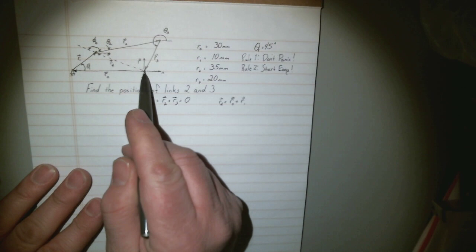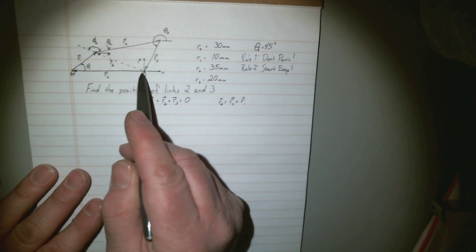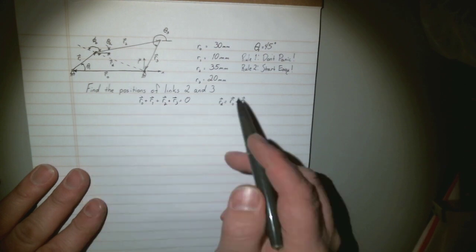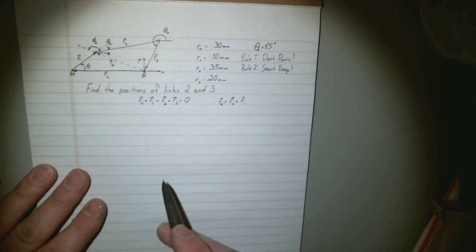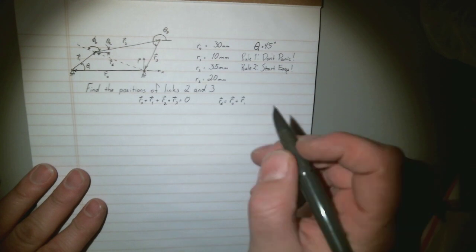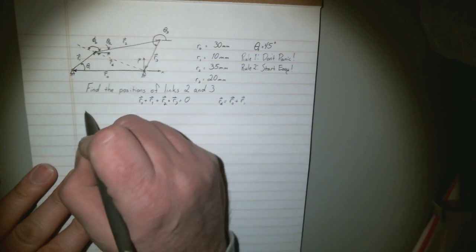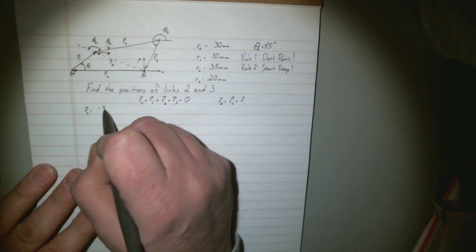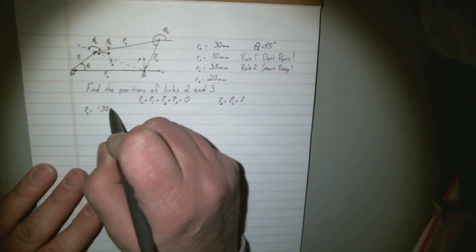Because I've defined this as my origin point, I can immediately write down a decomposition of R sub 0. It's 30 millimeters long. Its decomposition would then indicate that R sub 0 is equal to negative 30i.